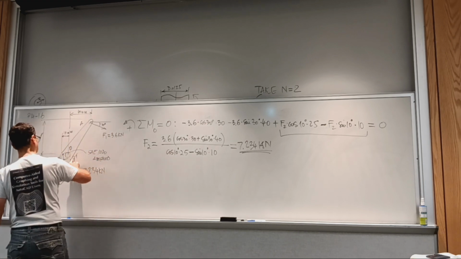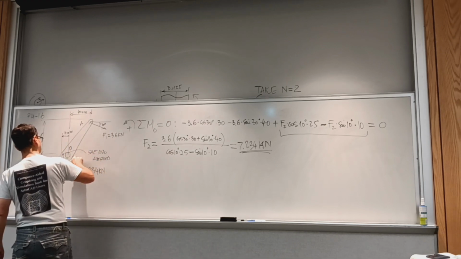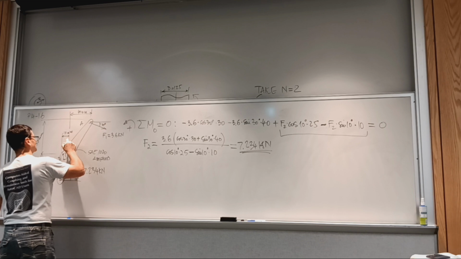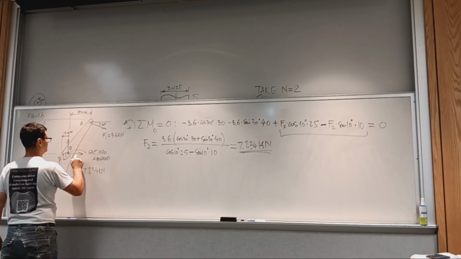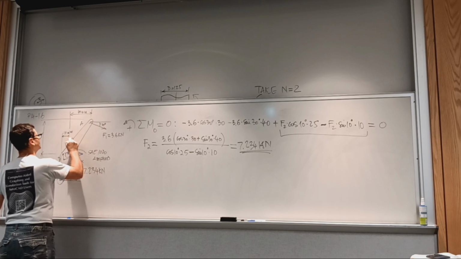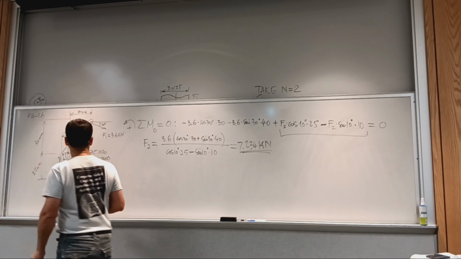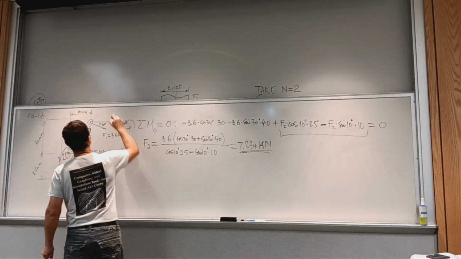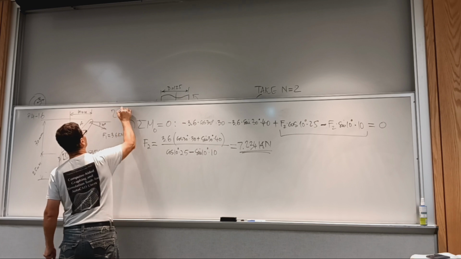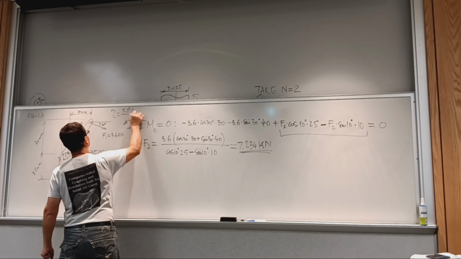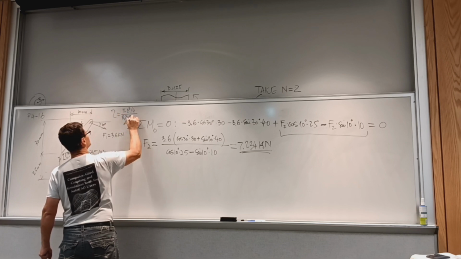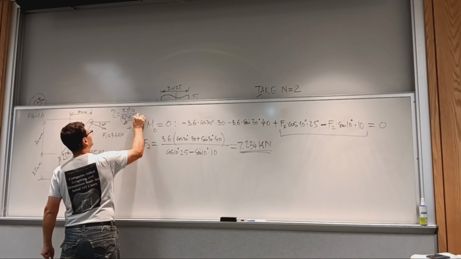I'm removing the effect of the support, and I'm showing the reaction. So it will be Rx and Ry. Tau is just going to be pi diameter of the pin squared over 4 divided by Rx squared plus Ry squared, square rooted.